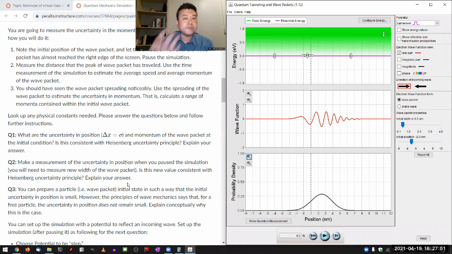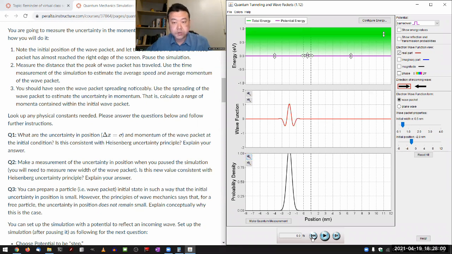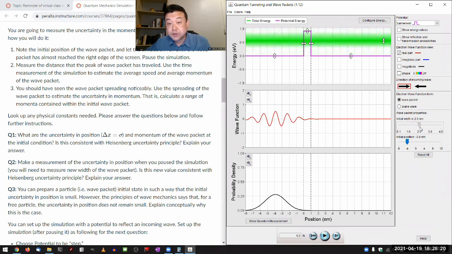Last Monday I showed a little bit of what quantum tunneling looks like. Just to quickly show, the setup for quantum tunneling was you have some barrier of some amount of energy, and you have an incident particle of some energy, with a precise enough definition of energy.